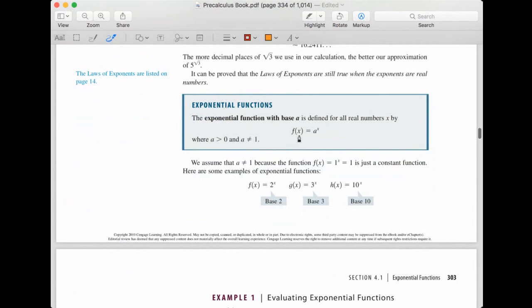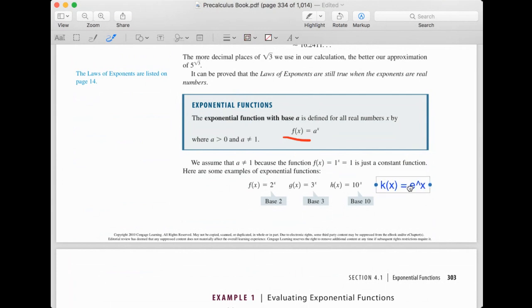So the standard form is f of x equals a raised to x. Sometimes we have a number multiplied by it, but for now just use this simple case, a number raised to x. Examples: 2 raised to x, 3 raised to x, 10 raised to x. The base here is 2, here is 3, here is 10. Sometimes we may have the function, let's call it k, k of x equals e raised to x.